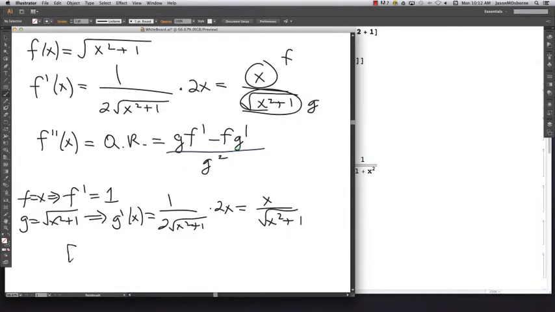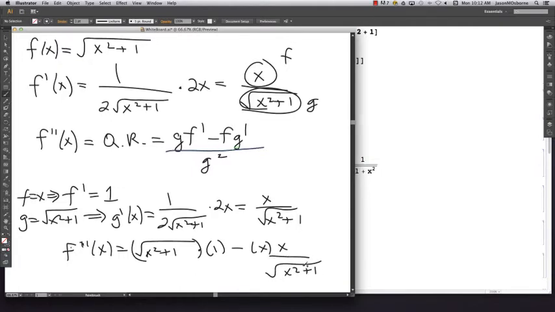So the answer for f double prime of x: the function g is the square root of x squared plus 1, times f prime times 1, minus f, which is x, times g prime, which is x divided by the square root of x squared plus 1.